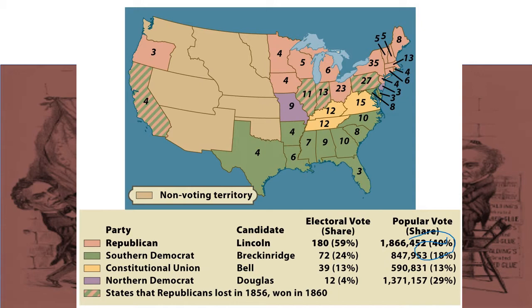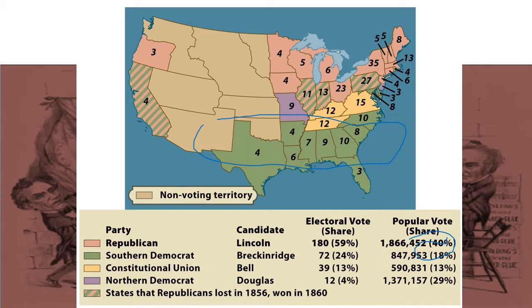And whose name does not even appear on Southern ballots? Lincoln's name doesn't even show up down here. So Southerners can't really even vote for him. I mean, they know who he is, but they don't really have a choice. And of course, they're not going to choose to vote for him anyway, because if your neighbors ever found out, boy, you'd be done for in the South.